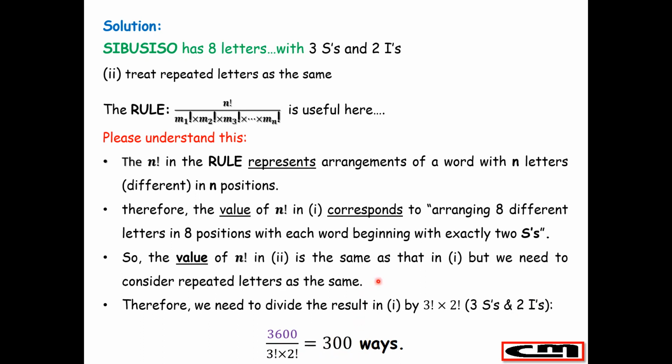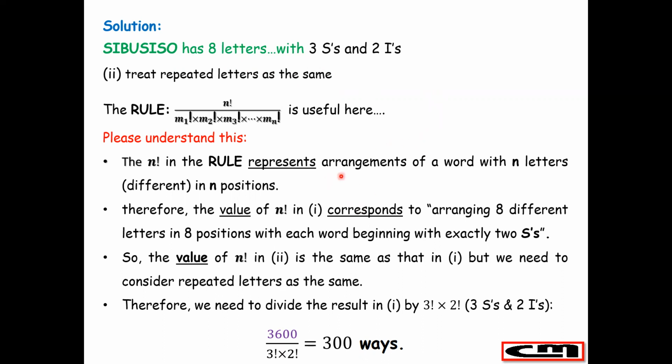But otherwise, the trick is in understanding that for you to use this formula, the n factorial in a normal situation refers to the number of different letters in the word, then simply n factorial. But in our case, we treated the letters as different, but we are given a condition that the words that we are going to form are supposed to have exactly 2 S's.